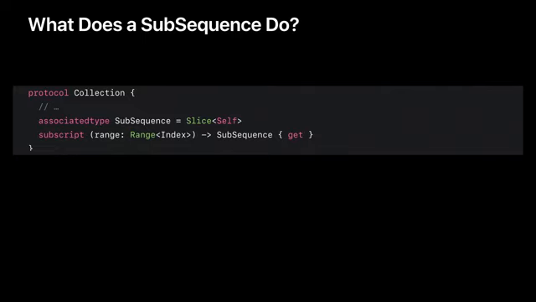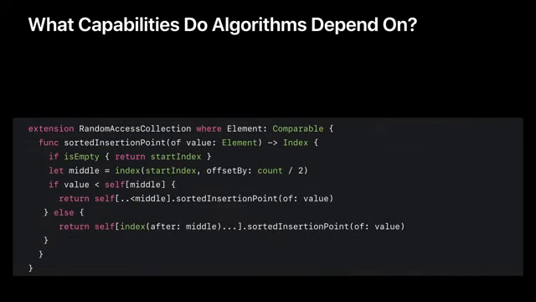So to answer this question, we have to go back to the algorithms that we want to write in terms of subsequence. Our algorithm is recursive. It forms a slice, which is now a value of the subsequence type, and then recursively calls sort insertion point of on that slice. Now, this only makes sense if the subsequence type you get back is itself a collection.